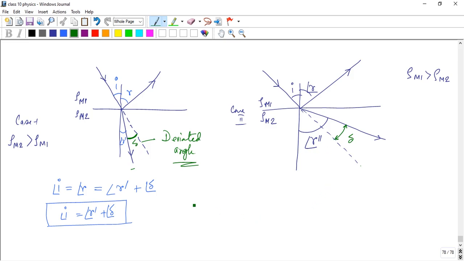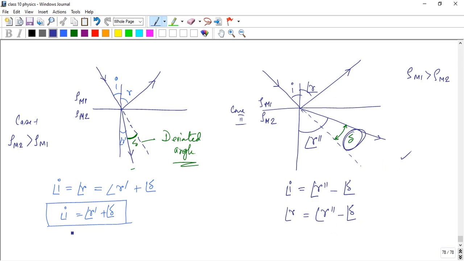So in that case, we compare the diagram. That is the incident angle, which is equal to the reflected angle, and the refracted angle is greater than the incident angle here. Now I equals R double dash minus delta. And also the reflected angle equals the refracted angle minus delta in case number 2. What is delta? Delta is the deviated angle.